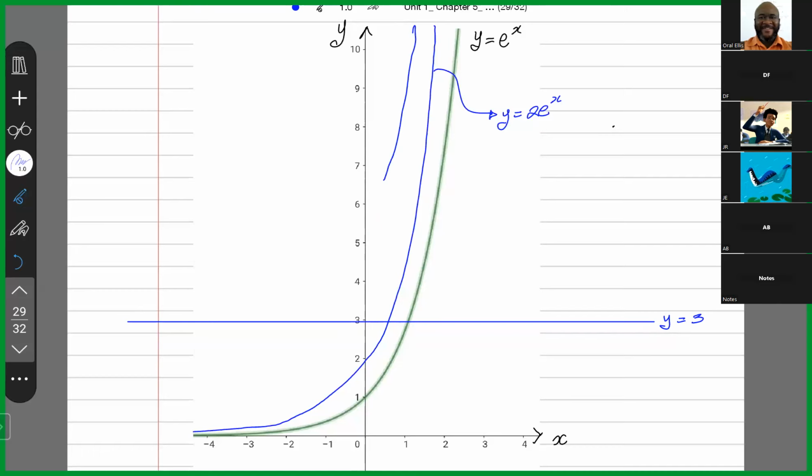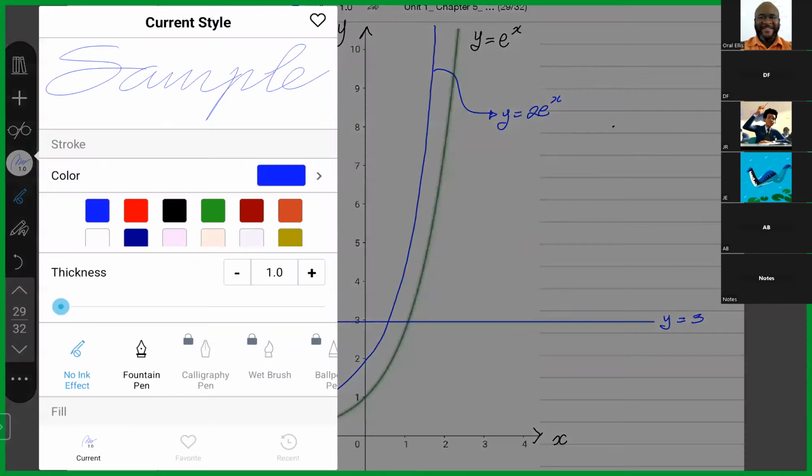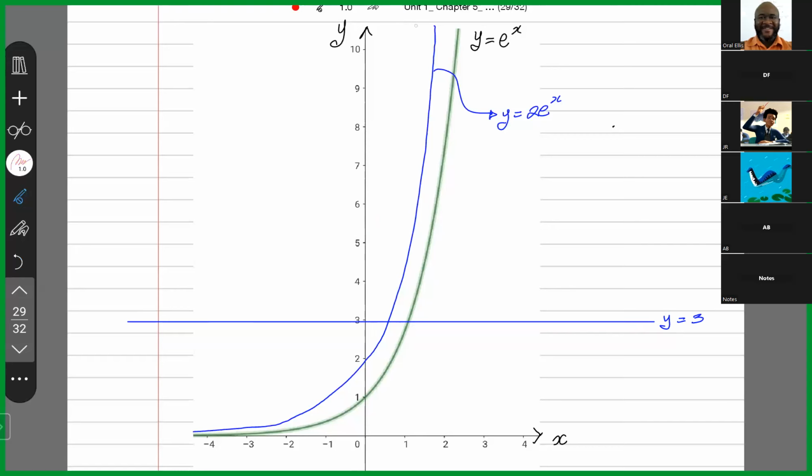I probably should change the color. Let's change the color. All right. So this would be the graph of y is equal to 2e to the x plus 3.